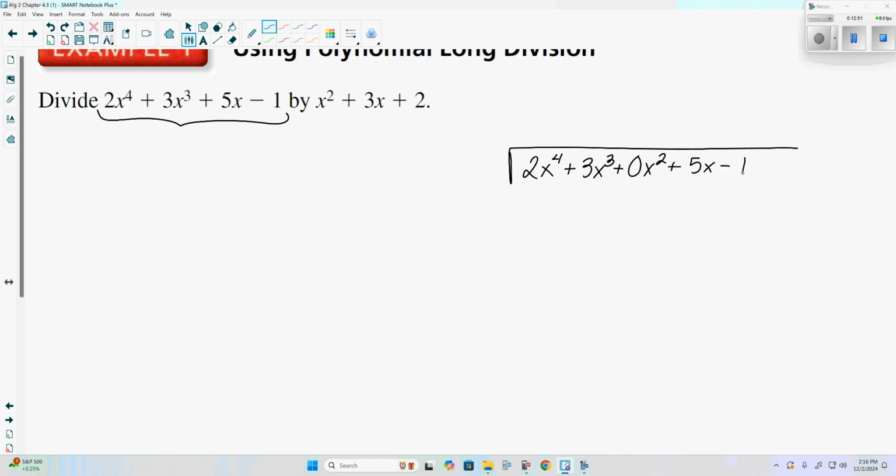So if we're missing a term, either on the outside or inside this division symbol, we have to put it back in as 0 times whatever that term is. If it's just the number, we put it in as just plus 0. Outside, our first term is x squared. Plus 3x plus 2, all the terms are there. Questions on how we set this up or anything we've done so far?